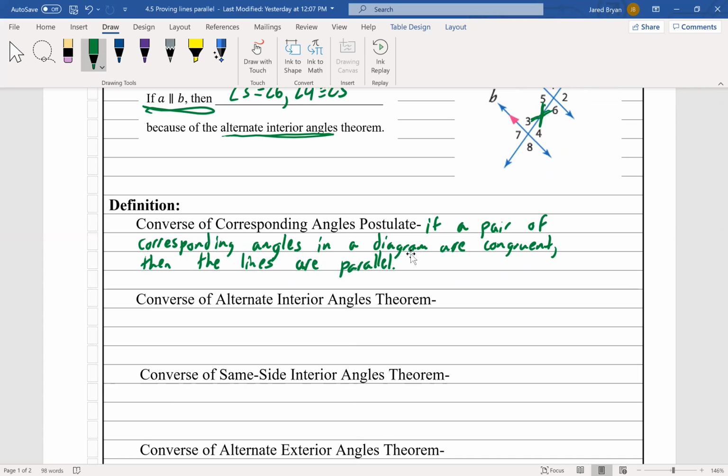And it says this: if a pair of alternate interior angles in a diagram are congruent.